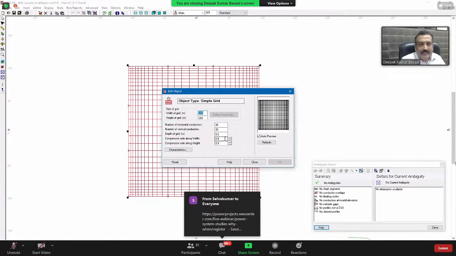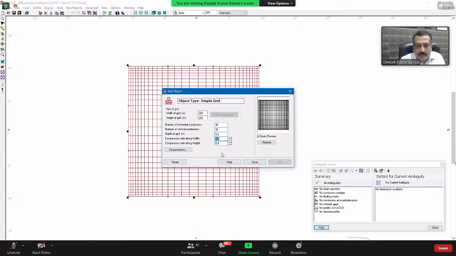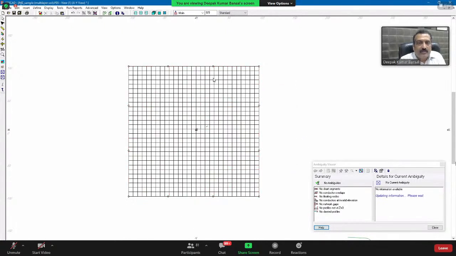And one more thing, we can compress this grid. Basically, you can see that these are equal squares, all the squares are equal. When you do calculation in Excel, you actually do it this way.